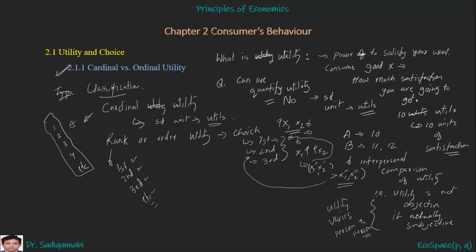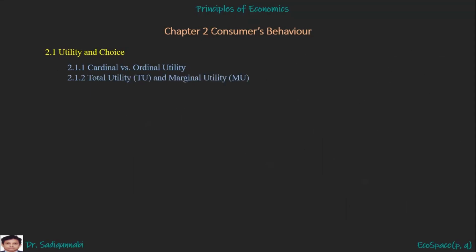Now it will be more clear when we take some numerical example of cardinal utility. So we have done defining cardinal and ordinal utility. Now we're going to take total utility and marginal utility. So suppose your consumption of good X is apple.